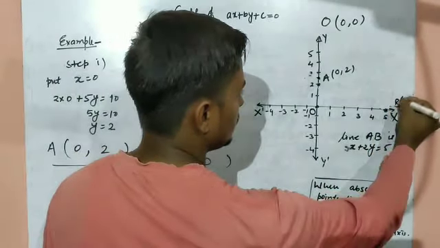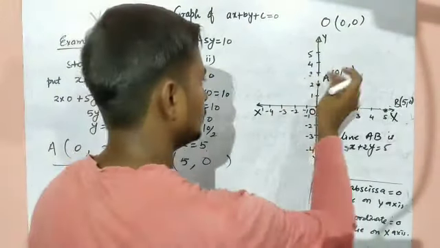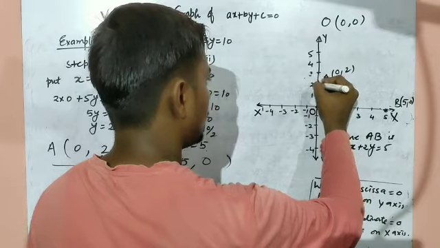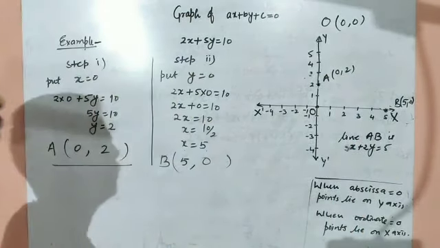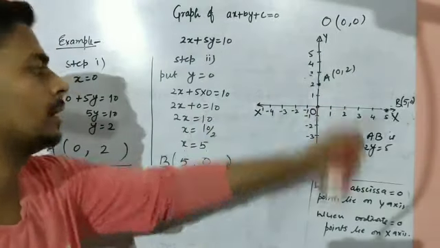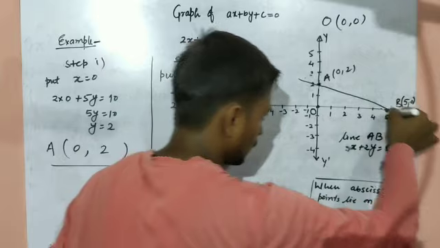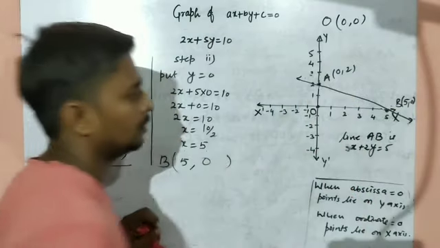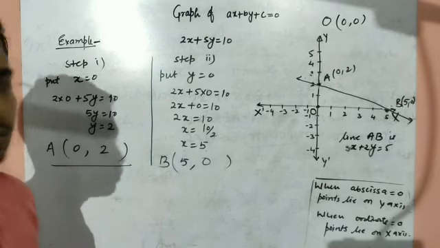Easily we have reached 5 comma 0. So the points are here and here, so just join these 2 points and we will get the line. So this is the line. Very easy process, no need to panic.